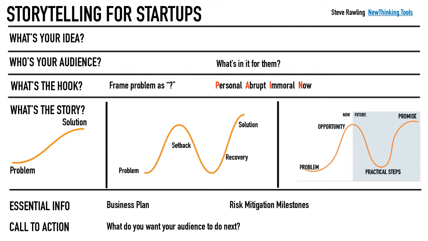Okay, so tomorrow's session, by the way, folks, we're going to look at the kind of stories that you might need to tell about yourself. When you're a startup, what stories do you need to tell about yourself?